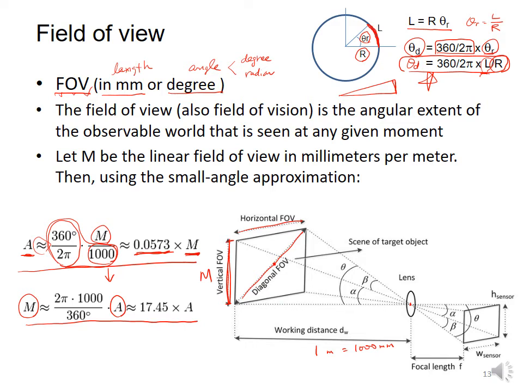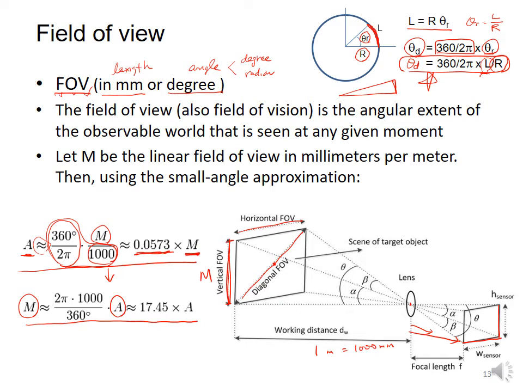Actually, FOV is related to the size of sensor width and height, and focal length. So if we have a bigger sensor, the FOV will become bigger, and if we use a smaller focal length, then the field of view becomes much bigger.